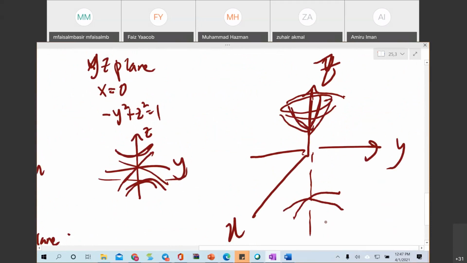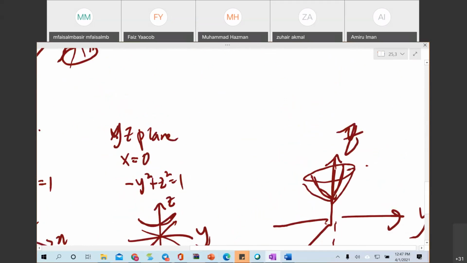Same here also. Let's say I draw a circle first. So that is why they are separated, hyperbolic two sheets.